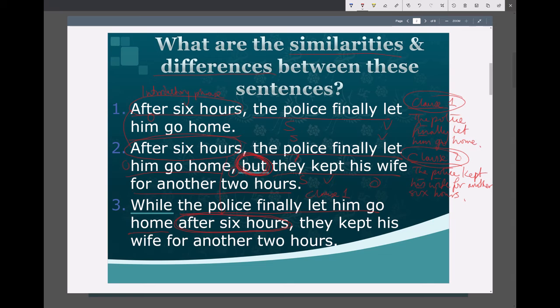You see? But here you have another word, while. So this is related to but. And notice the location of the comma. The location of the comma stays the same.